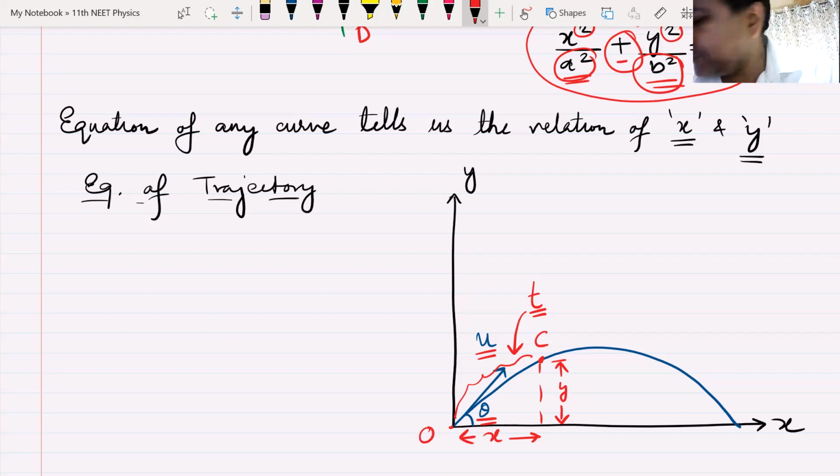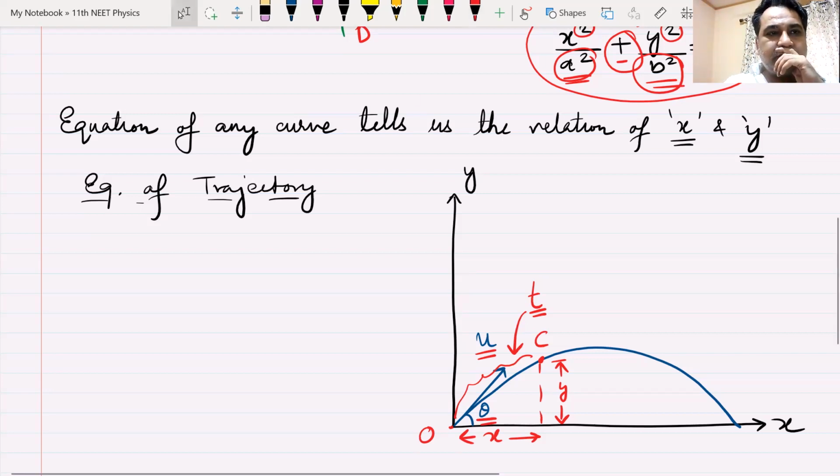Getting a relation between X and Y is my task. I know u, I know theta, I know the point C somewhere on the trajectory. Coordinates are X and Y. I've assumed that the time is T. How will I proceed to find out the equation of trajectory? Anyone?